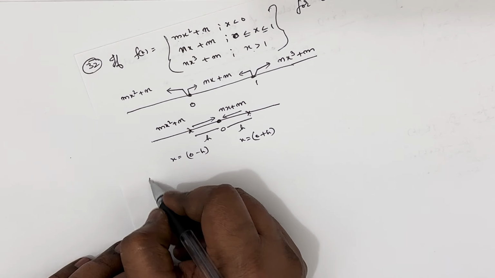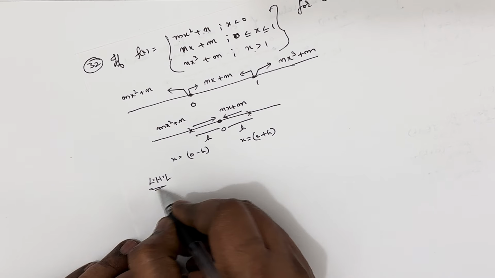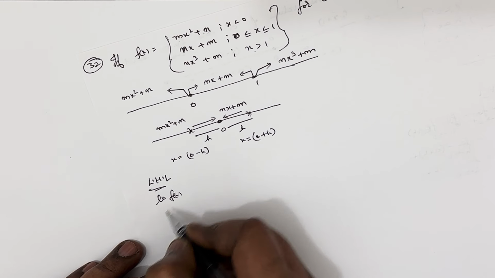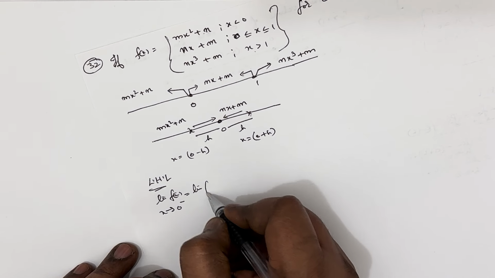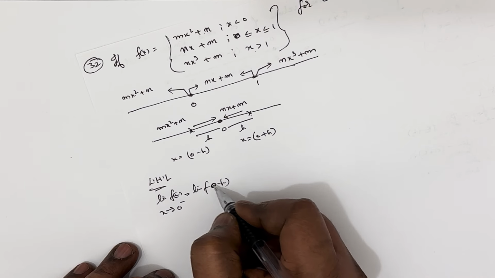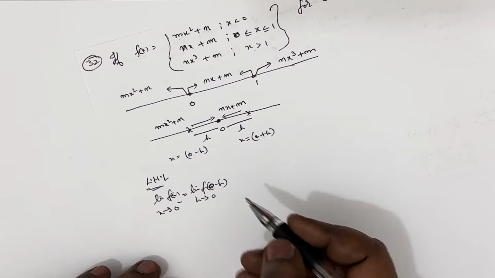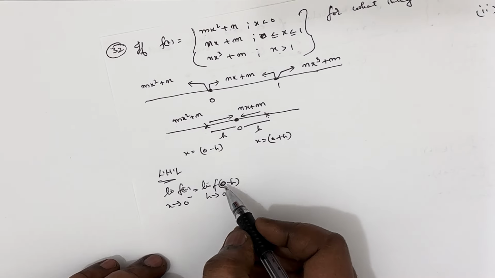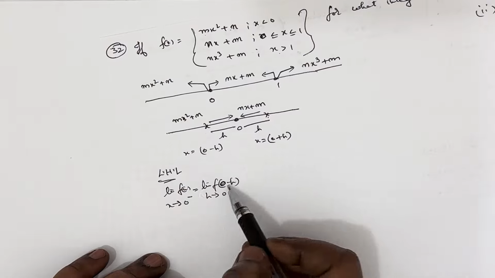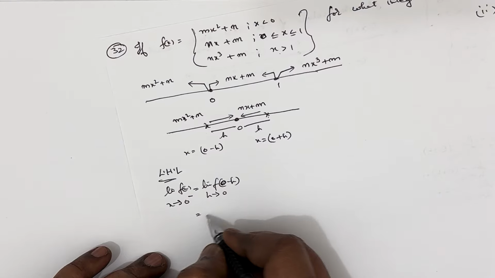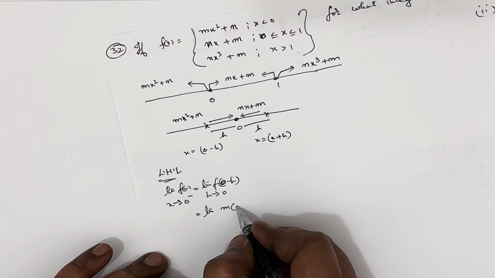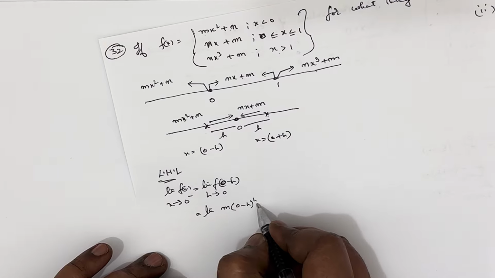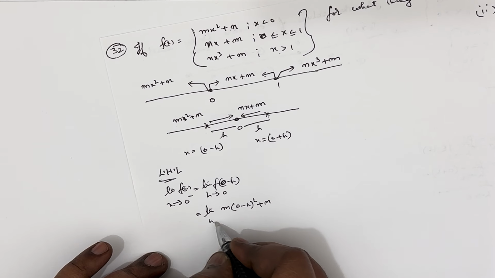Now let's find the left hand limit and right hand limit. LHL is the limit of f of x as x approaches 0 from the left hand side, which is equal to the limit of f of 0 minus h, as h tends to 0. Let's replace x in the function with 0 minus h. So it will be the limit of m multiplied by 0 minus h whole square plus n, as h tends to 0.